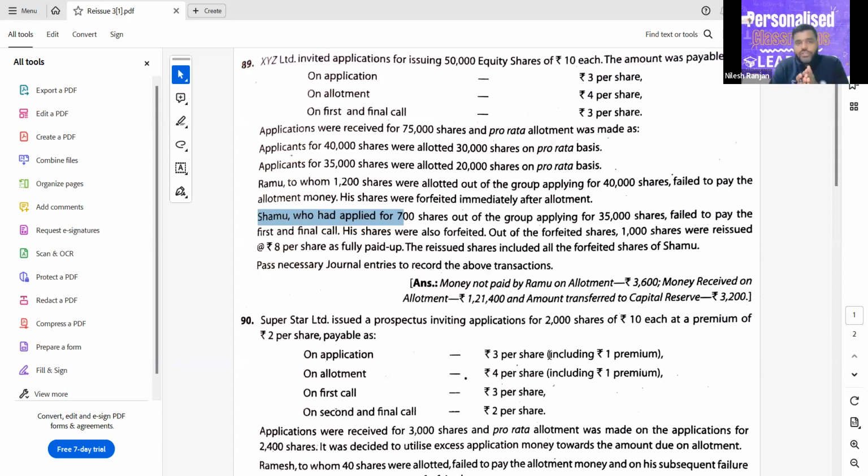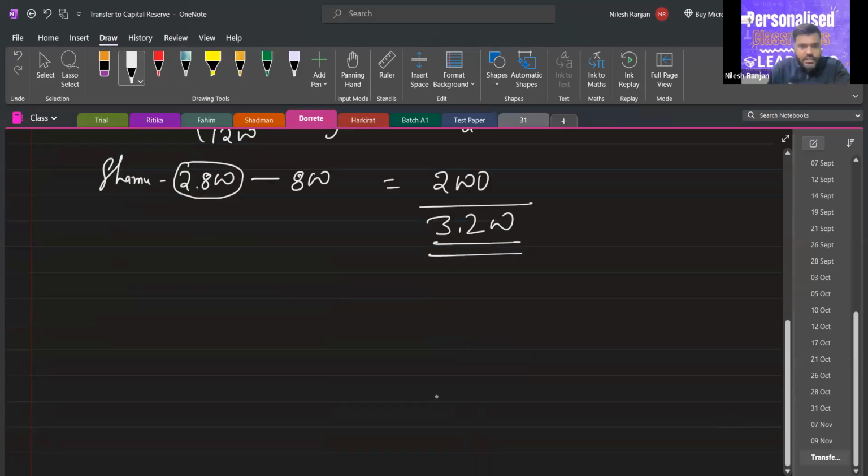Means for Shamu's shares, we have forfeited 400 shares of Shamu. Fahim or Harkirat, do you understand this? How we calculated 400 shares for Shamu? Yes, sir. For me, sir, no. Can you tell, please? That's why I asked this.